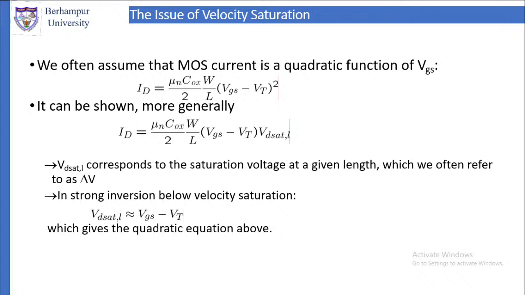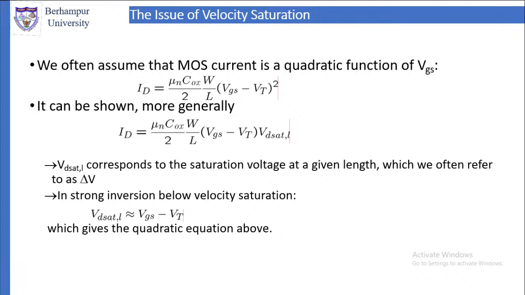The equation is ID equals mu n COX upon 2, W upon L, into (VGS minus VT) whole square. Since (VGS minus VT) whole square gives a quadratic function of VGS, usually the current is a quadratic function of VGS.